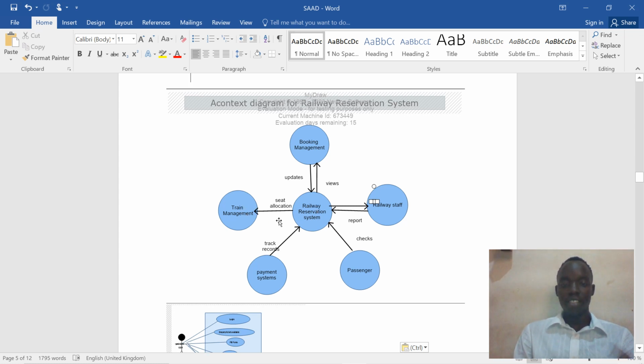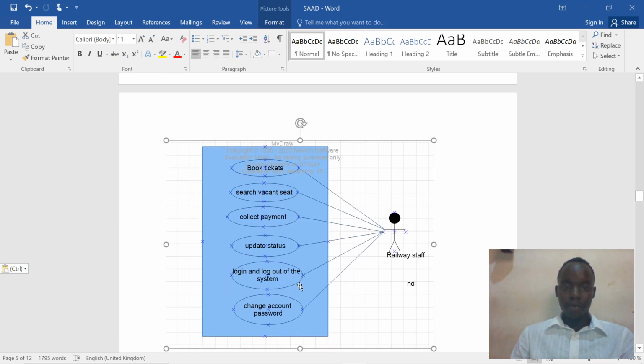Train management will be about seat allocation and some other things in the train amenities. I also have payment systems, tracking records of who has paid and who has booked at what time.